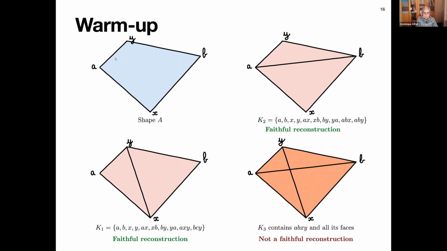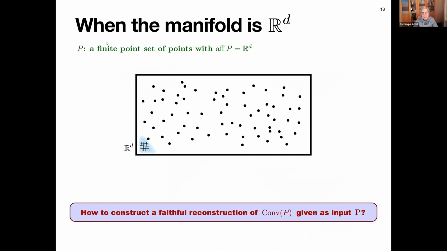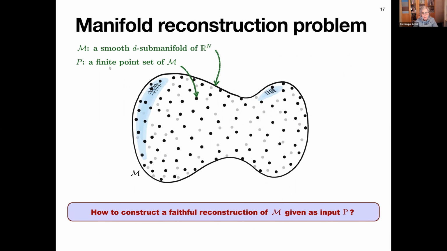Okay. So we are back to the problem, the reconstruction problem, sorry. We suppose that we have a smooth d-dimensional submanifold, a set of points that sample this manifold, and we would like to construct a faithful reconstruction of that manifold, given as input the point set.